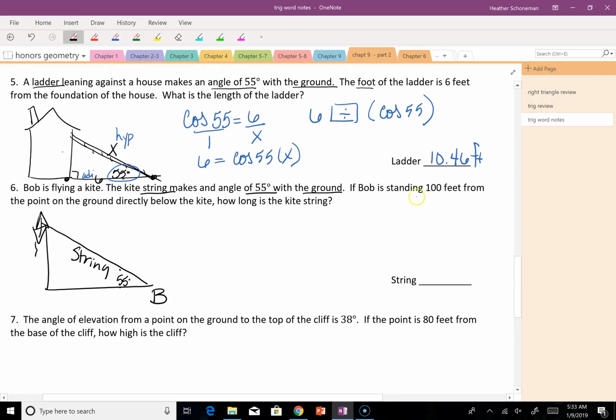If Bob is standing 100 feet, so here's Bob, from the point on the ground directly below the kite. Well, here's the kite, so the point on the ground directly below it is here. And here's Bob, and he's 100 feet from that point. This is 100. How long is the string? Well, here's the string, so that's what we're trying to find. So looking at 55, 100 is adjacent, x is hypotenuse, so that's going to be your cosine.